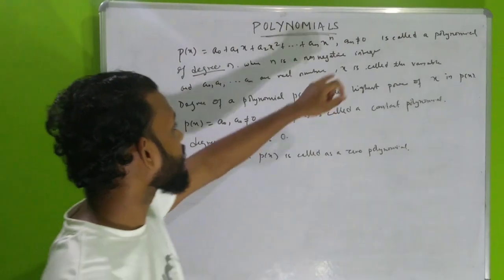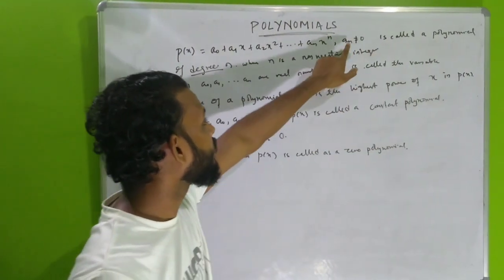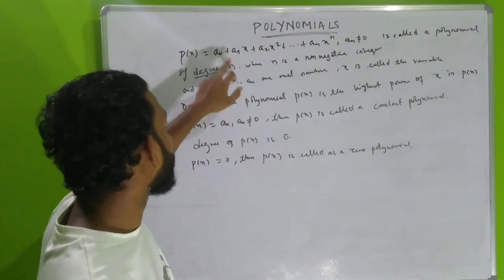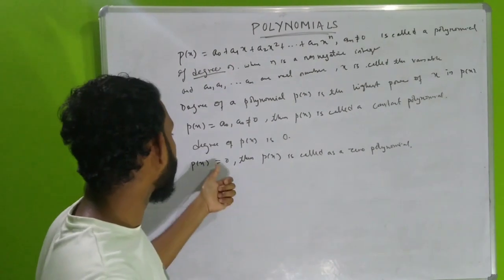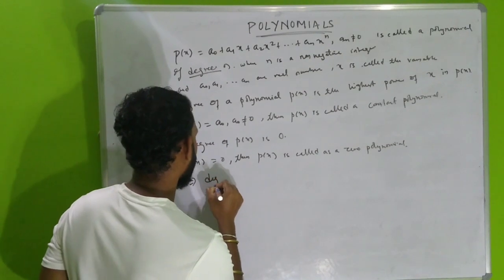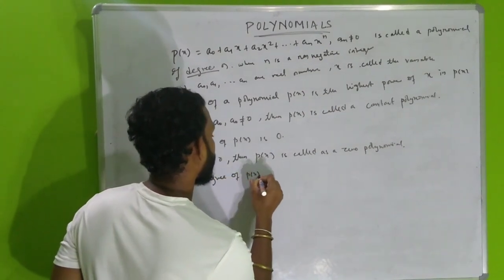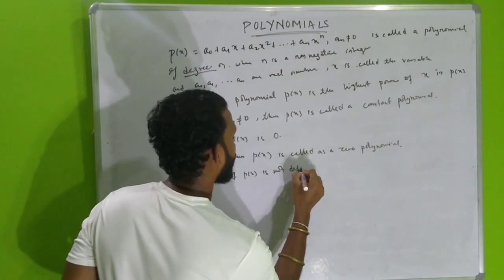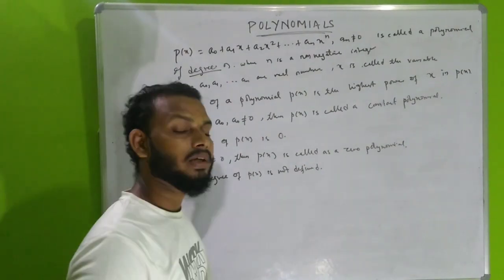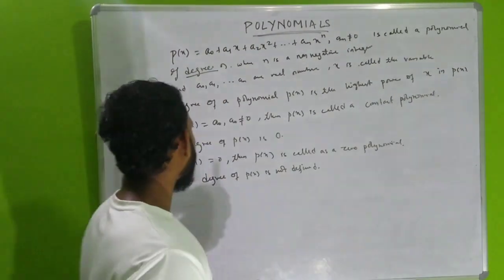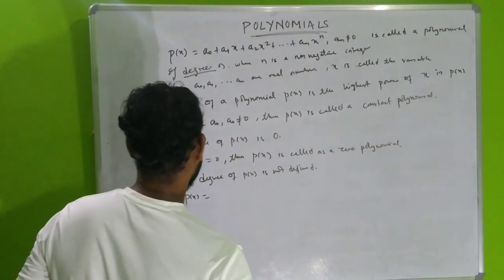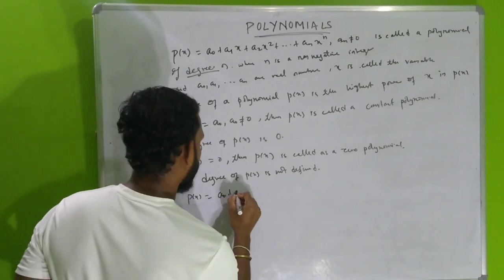If an is not equal to 0, then it is a polynomial of degree n. Here a naught is 0, so it is a zero polynomial, and the degree of p of x is not defined. We have not defined the degree of the zero polynomial.